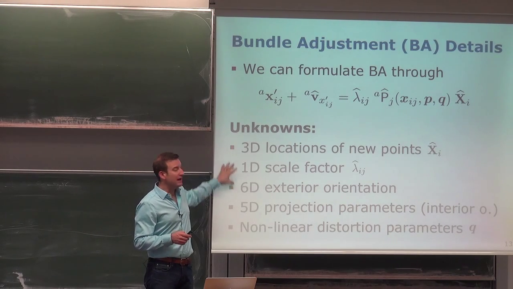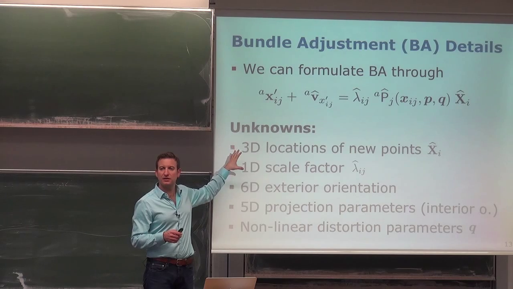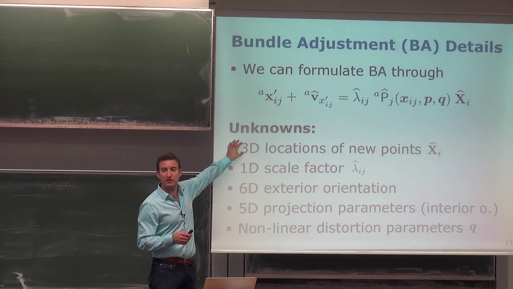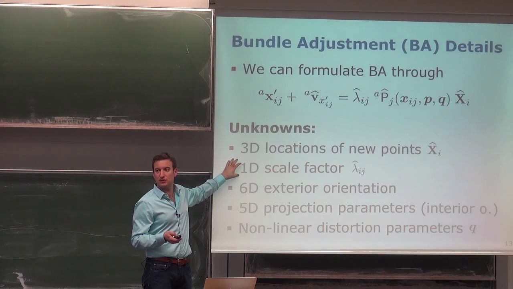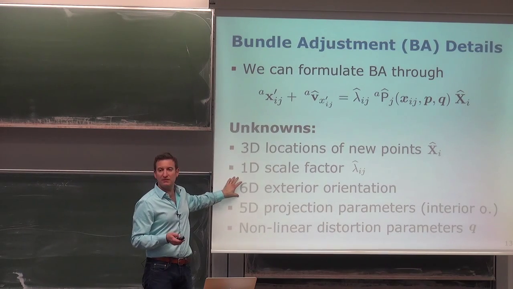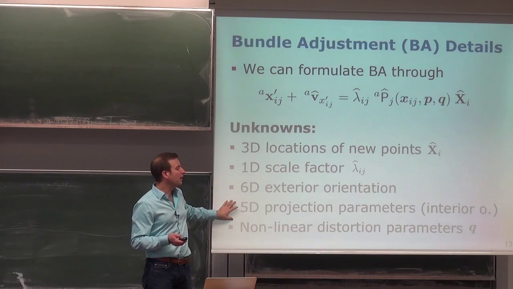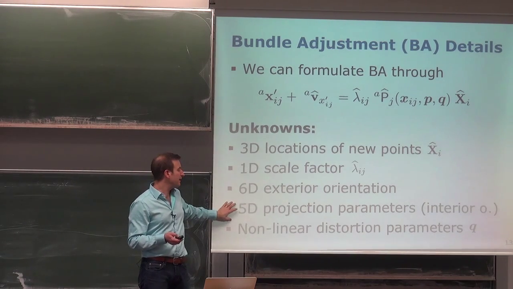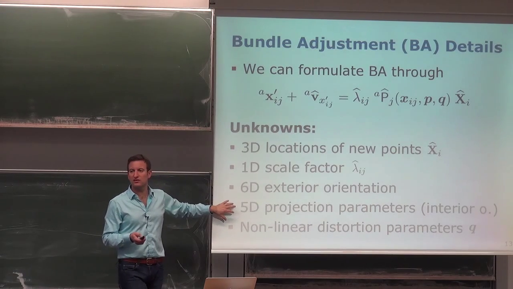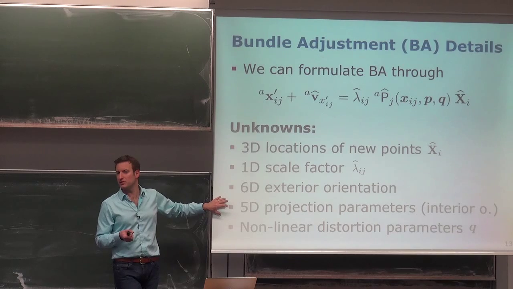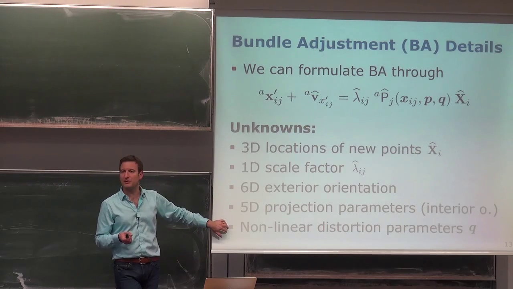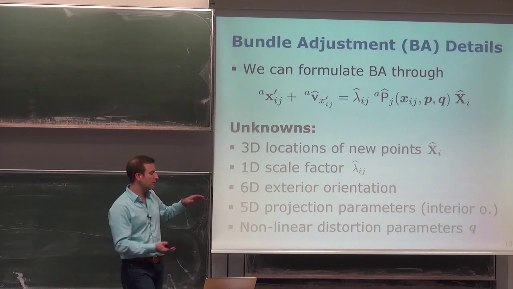And this can be problematic later on. So are the unknowns that we have clear? We have the 3D location of the point that we want to estimate. We have this 1D scale parameter, which comes from the homogeneous coordinates. We have the location of the camera for every image individually. We have the 5D intrinsics, the linear parameters of my camera, which is often assumed to be constant over a data set, and the nonlinear parameters, which are also often assumed to be constant over the whole data set.